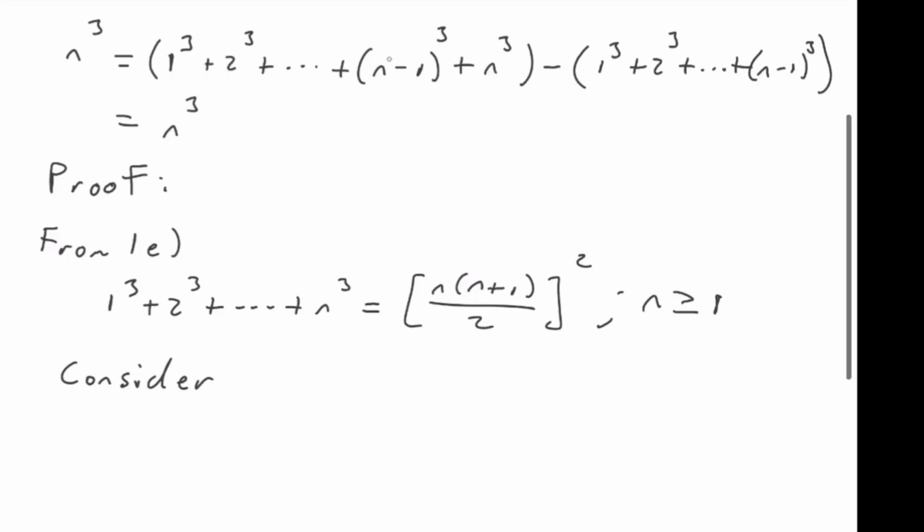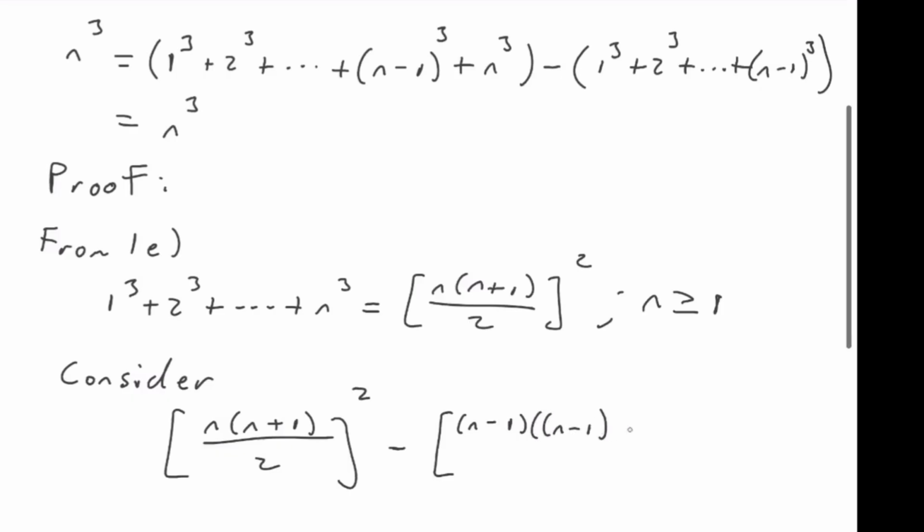So we're looking at this. So let's say this is using this formula, right? Straight up, it's going to be n times n plus 1 over 2 squared. And then minus, right? So now it's 1 cubed plus 2 cubed plus dot dot dot plus n minus 1 cubed, minus, so it's the same thing but with n minus 1: n minus 1 times n minus 1 plus 1 over 2 squared.